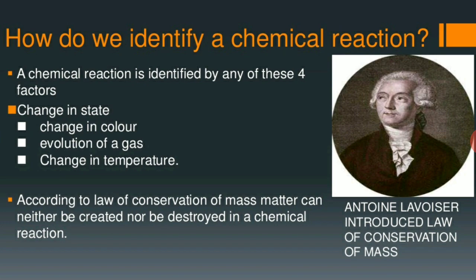So every chemical reaction is accompanied by certain changes. Sometimes there is a change in state, like solid to liquid. For example, when you heat some materials, they are converted into liquids. Sometimes you can observe change in color or evolution of gas. When we do electrolysis of water, hydrogen and oxygen get liberated at different electrodes.